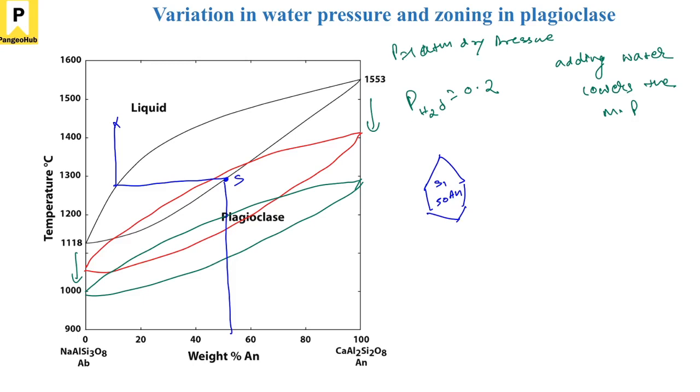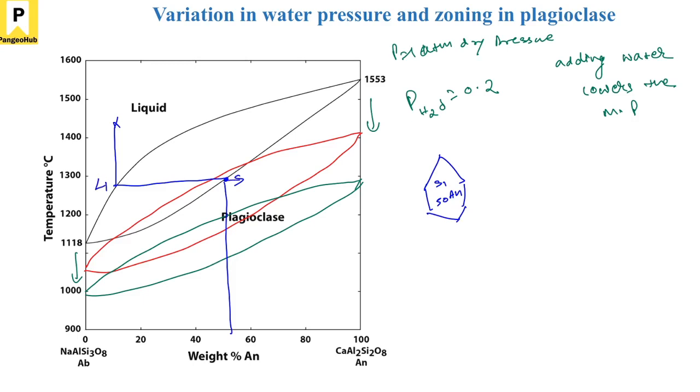So what will happen? The magma will become more rich in water. The magma had some water before, and as you took out some anhydrous plagioclase of 50%, the magma becomes more rich in water, so the water pressure increased. Now as the water pressure increased, the phase diagram will move down, so we can consider the red phase diagram.